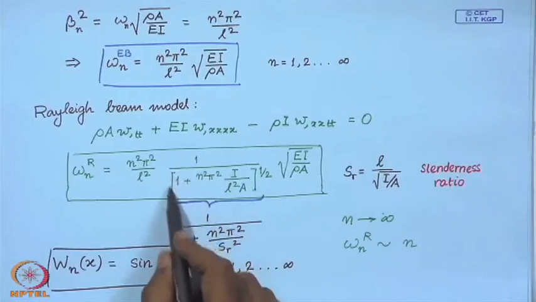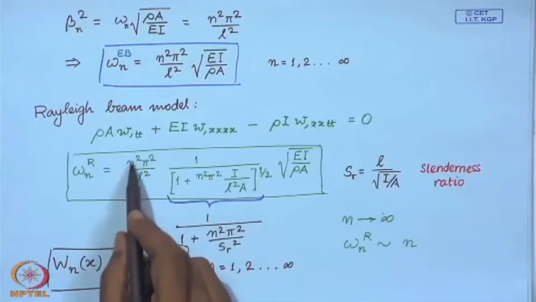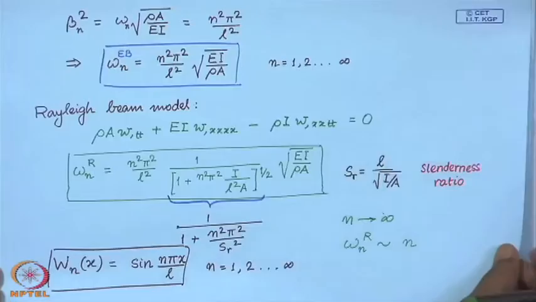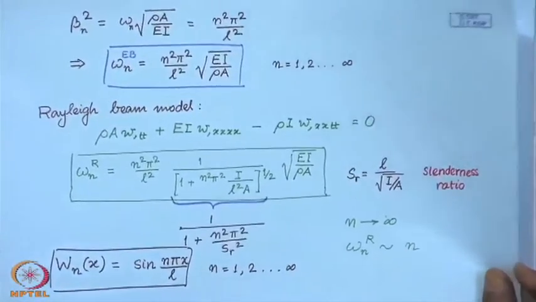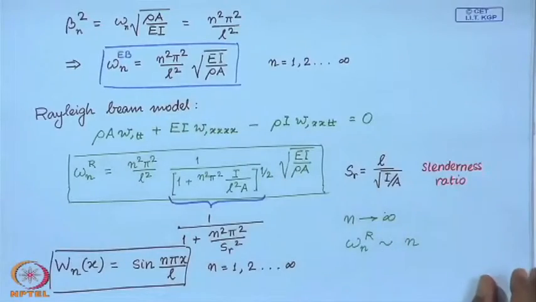So, we can drop this 1. So, square root of this will be n. So, here there is an n square. So, the Rayleigh beam circular natural frequencies will become proportional to n as you go to higher and higher modes. Whereas, for the Euler-Bernoulli beam it increases as n square, as you can see here.